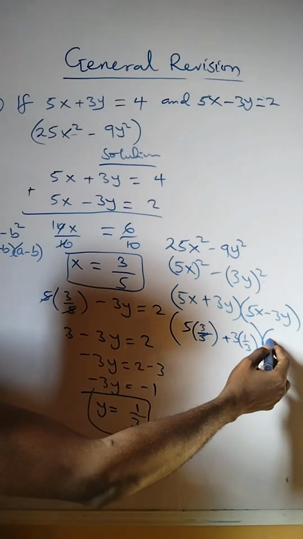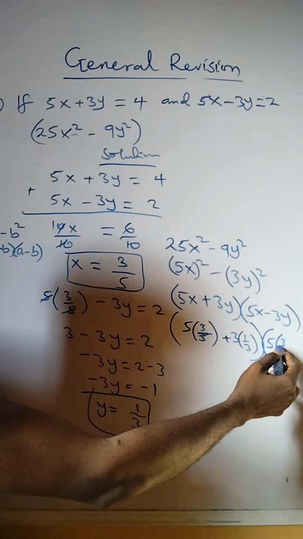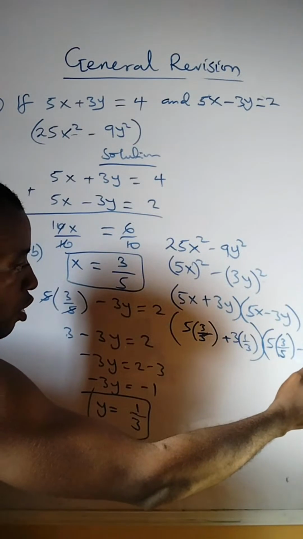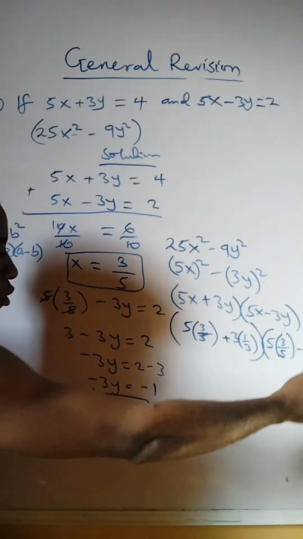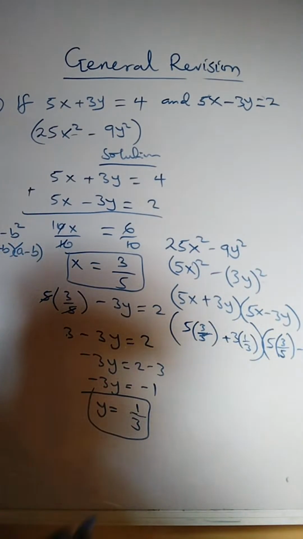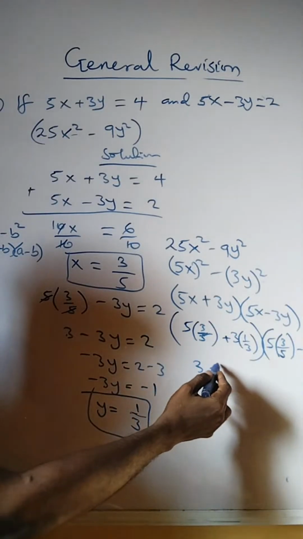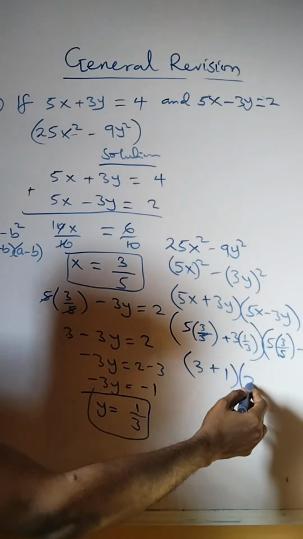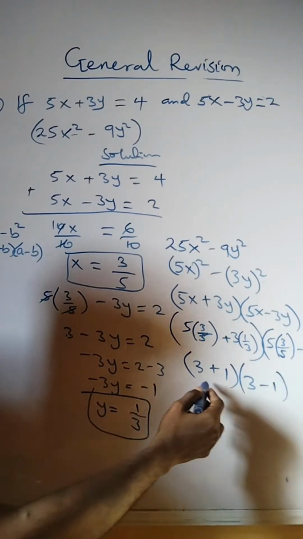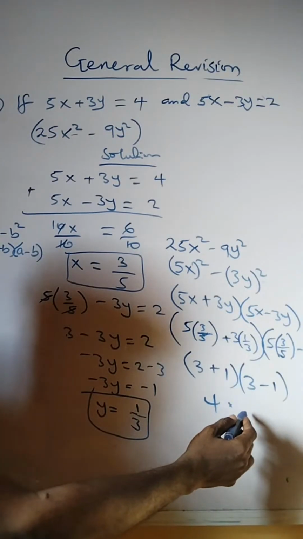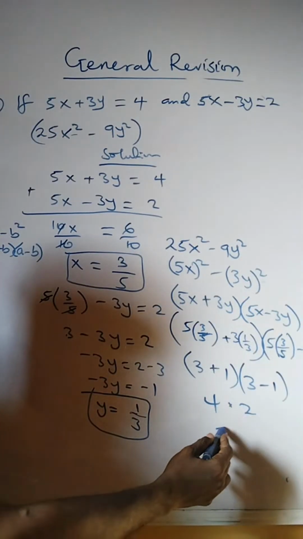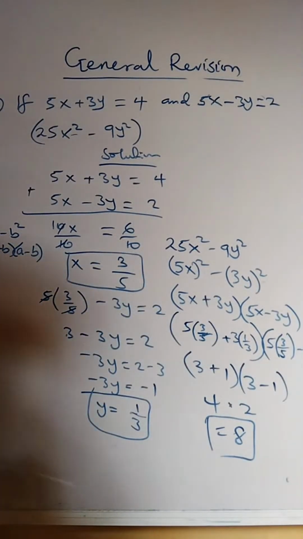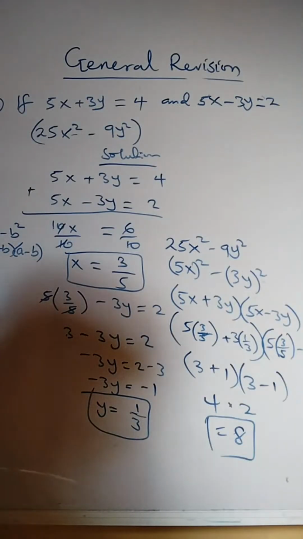Then for the other bracket, we have 5 times 3 over 5 minus 3 times 1 over 3. So this becomes 3 plus 1 times 3 minus 1. So 3 plus 1 is 4, times 3 minus 1, which is 2. 4 times 2 is 8. Therefore, what we are asked to evaluate is 8.